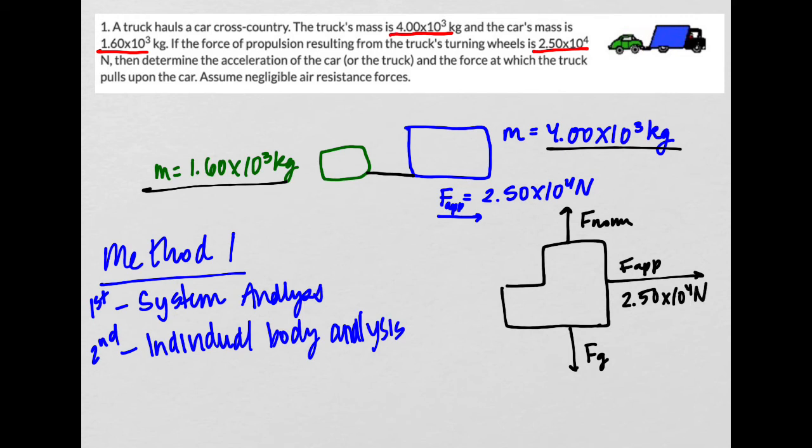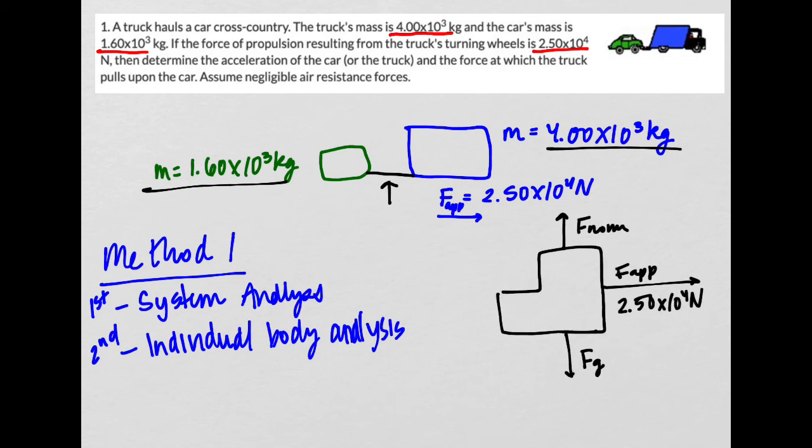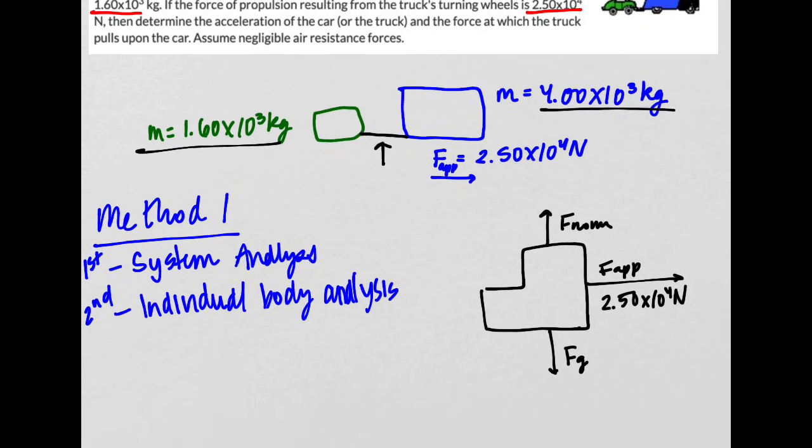We also have another force in there, this force here, but because we're considering that an internal force existing inside our singular object here, we ignore that internal force right now when we're doing our system analysis. So this is the free body diagram if we're just looking at this situation as one object.